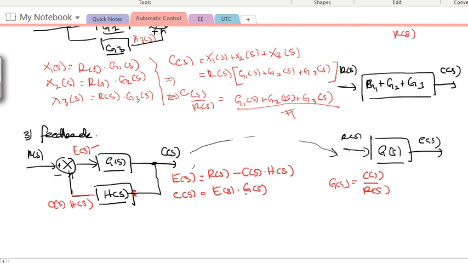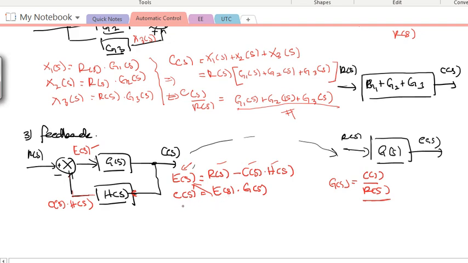So what do we do next in here? What we want is to arrive at the end and write CS over RS. We have CS here, we have RS here, and we know the transfer function HS, but the problem is that we have this signal ES that we don't know the value of. So what we have to do is replace this ES in this equation into the first equation.